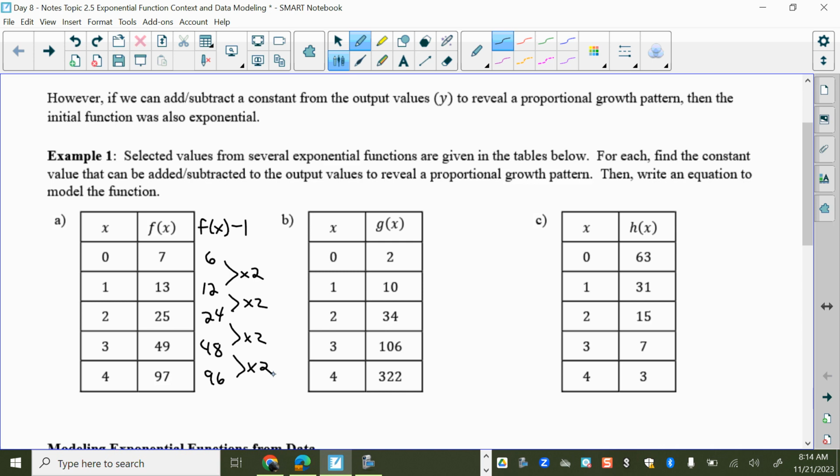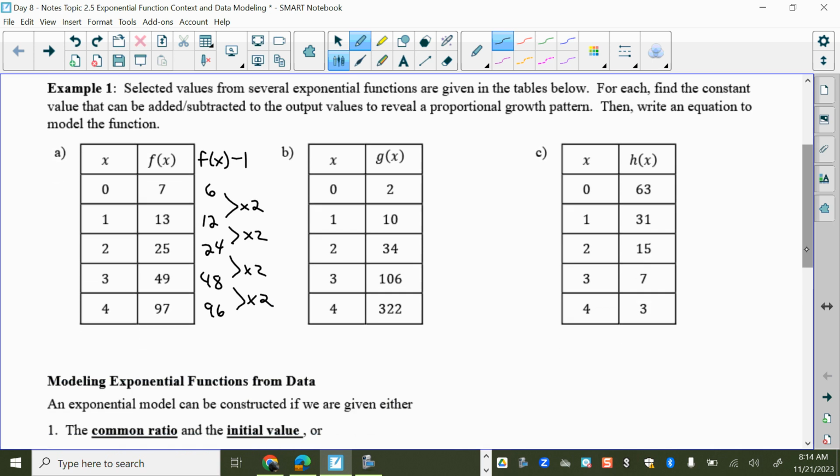All right, and then at the bottom, we're going to come up with the equation of what the actual function is. So remember that these over here are the true answers. And then someone has done what to them to get these original problems, 7, 13, and 25. They've added 1, right?